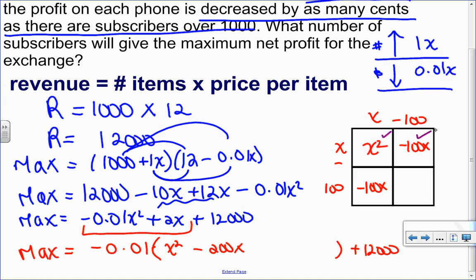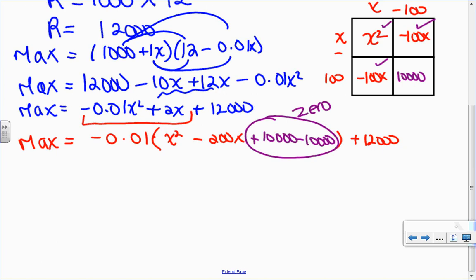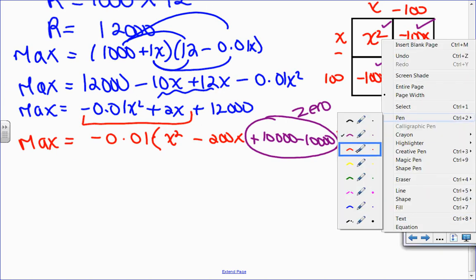Negative 100 times x is negative 100x. x times negative 100 is negative 100x. Negative 100 times negative 100 is positive 10,000. So inside the brackets, I'm going to add 10,000 and subtract 10,000. I do that because that's 0, and you can add 0 to any equation without changing its value.